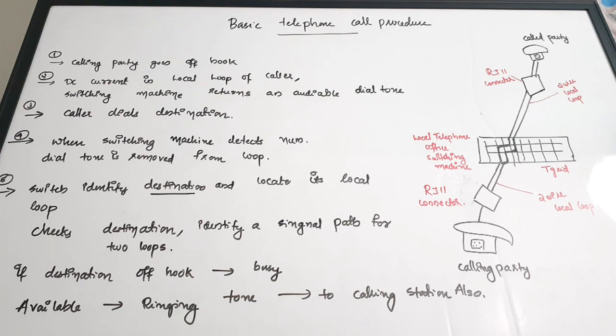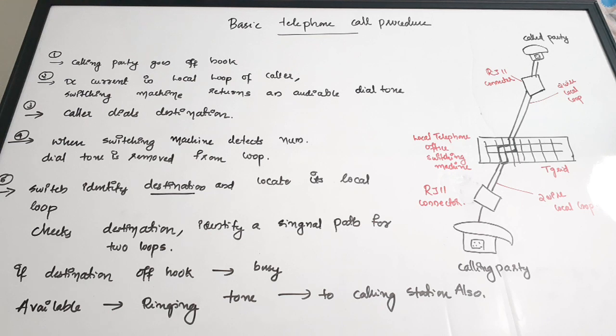This dial tone is an indication that your phone is connected with the switching office, or that your phone is working. Consider that your phone is dead. There won't be any dial tone, right? It means that your phone is not connected with any switching office. It is not in working condition.